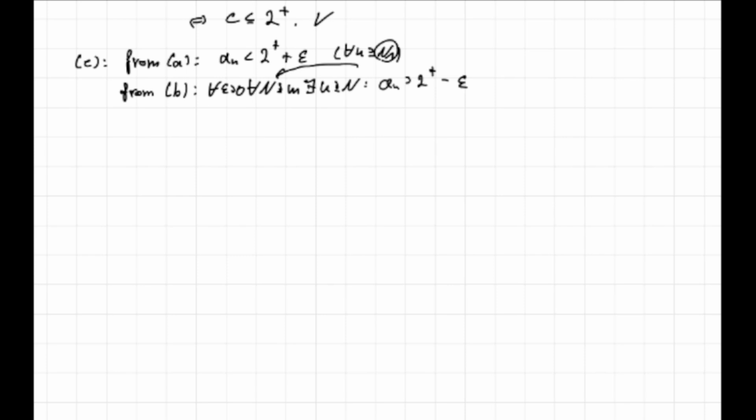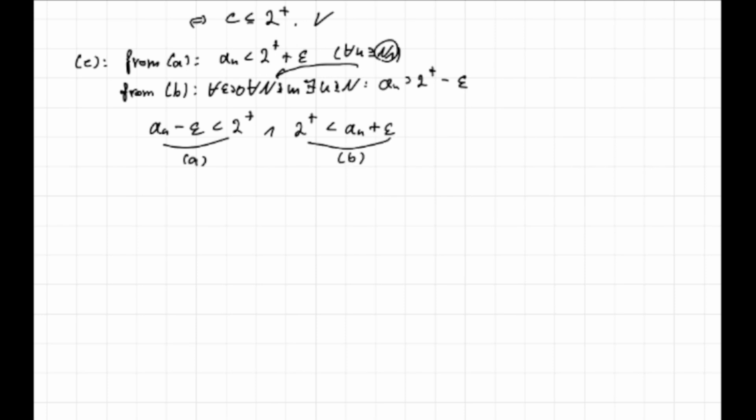So we know that an minus epsilon is smaller than L plus because of A. And we know that L plus is smaller than an plus epsilon.